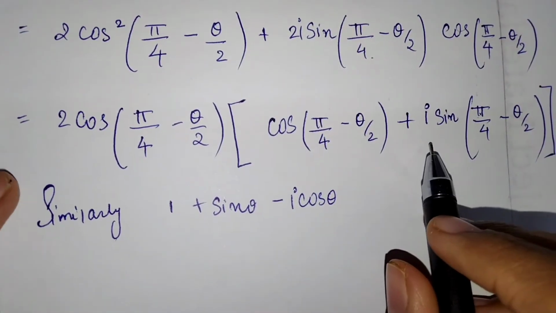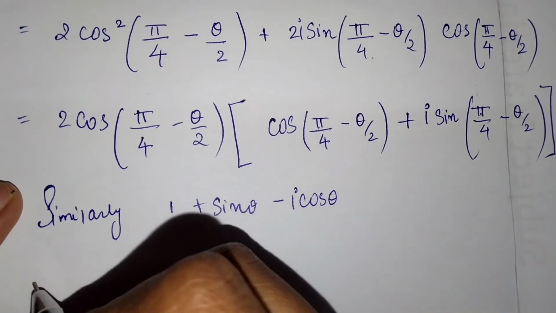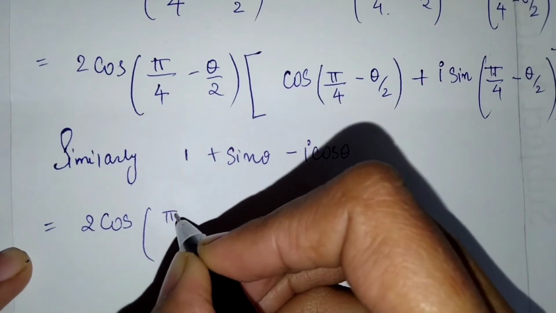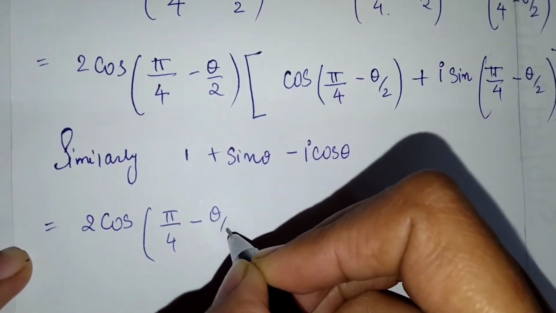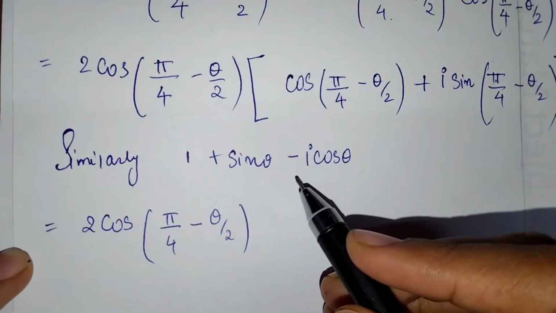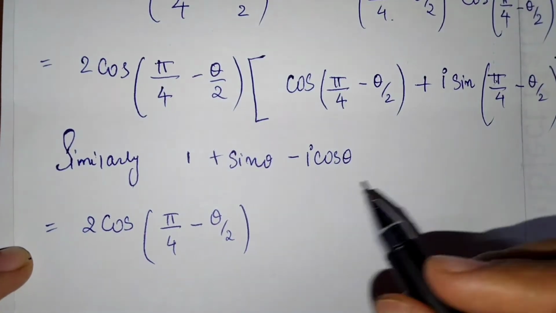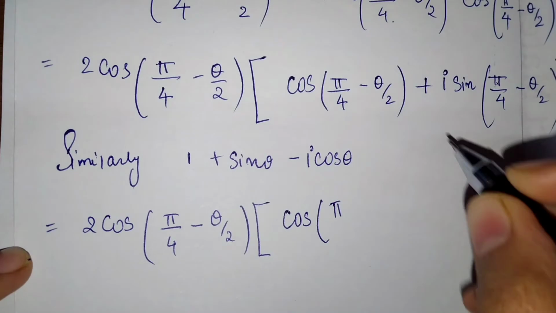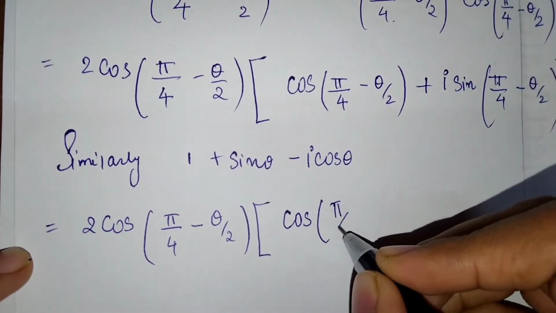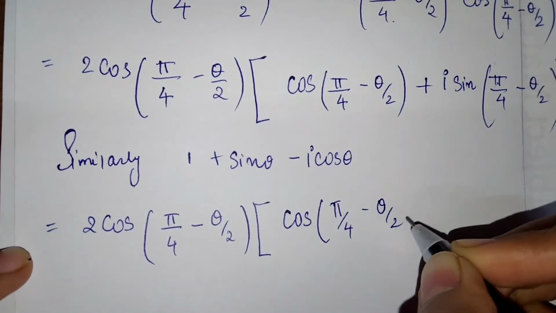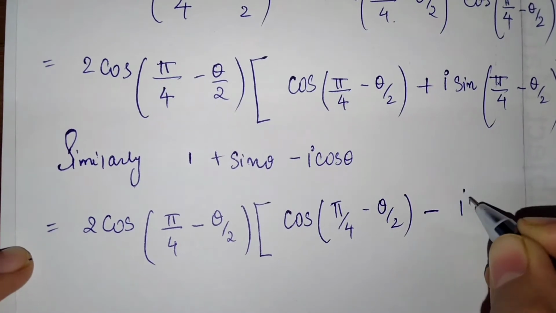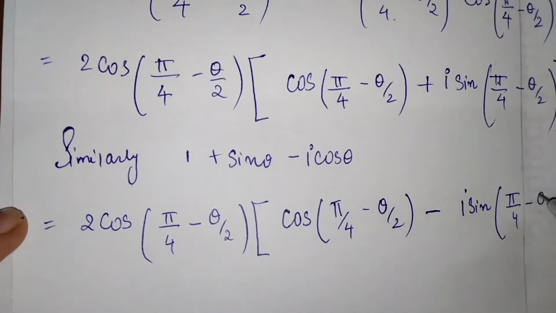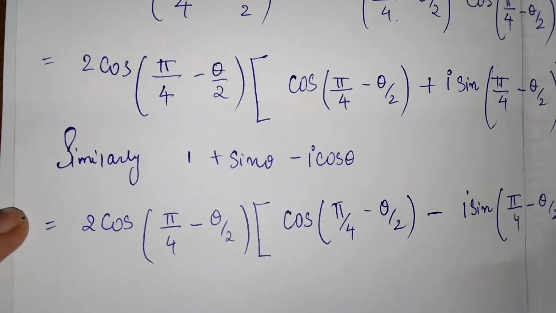From this equation only we can write directly that it will be 2 cos(pi/4 - theta/2). As there is a minus here, the sign change will take place. Only the sign changes, all other things remain the same: cos(pi/4 - theta/2) - i sin(pi/4 - theta/2).